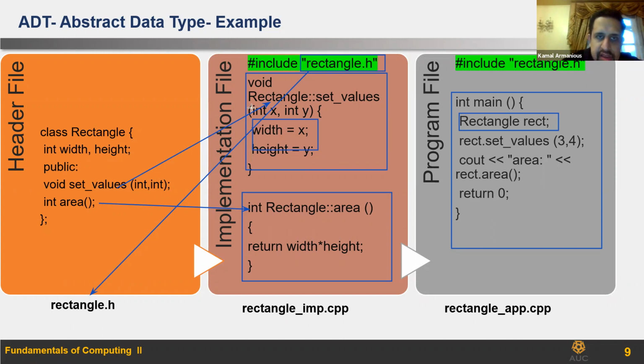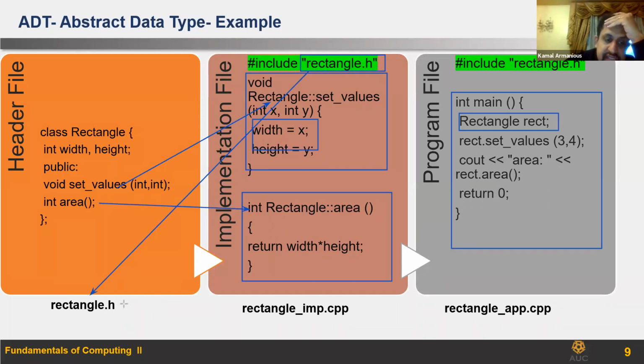So in the implementation file, you should include the header file and implement the functions, the methods of the class. Then in the program file, the driver file, the application file, you have to include the name of the header file and start defining the objects of the classes and use the functions.